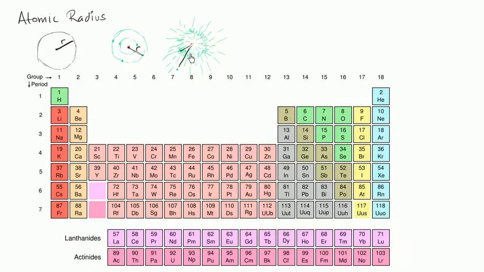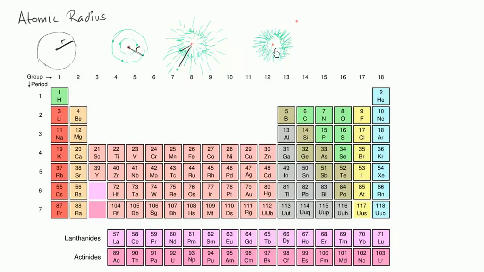And there are several techniques for thinking about this. One technique is saying, okay, if you have 2 atoms of the same element that are not bonded to each other, that are not part of the same molecule, and you were able to determine somehow the closest that you could get them to each other without them bonding, so you could see what's the closest that they can get to each other.